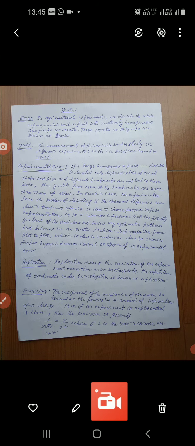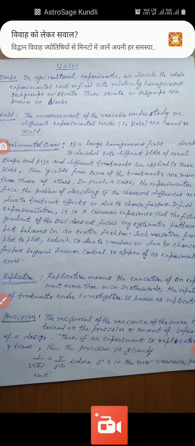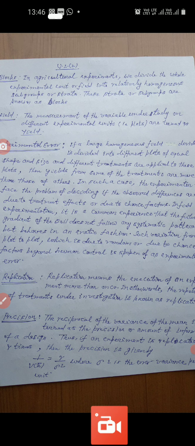Now what is a block? Blocks are known as subgroups, or strata.